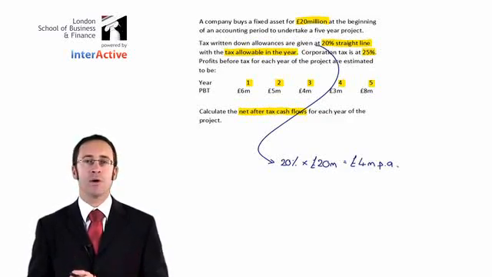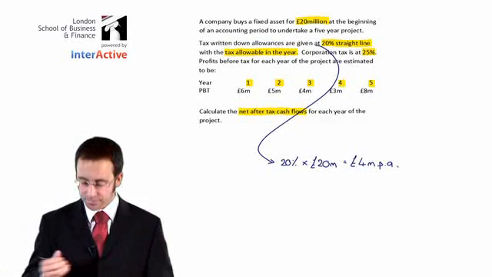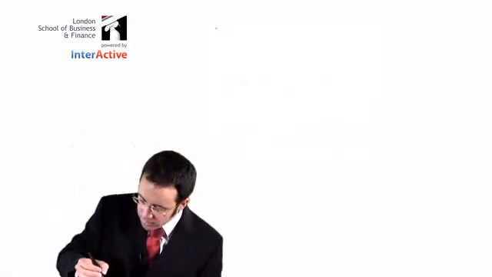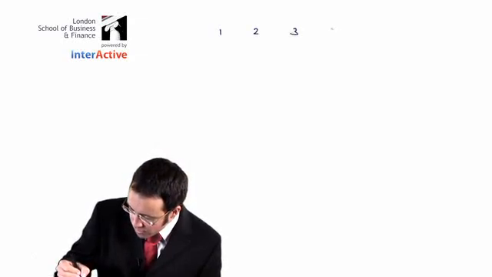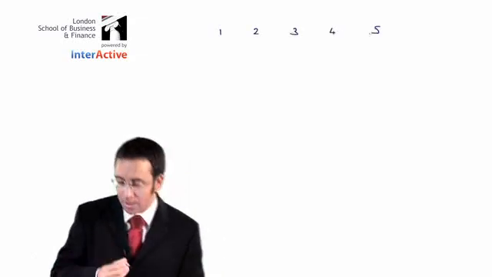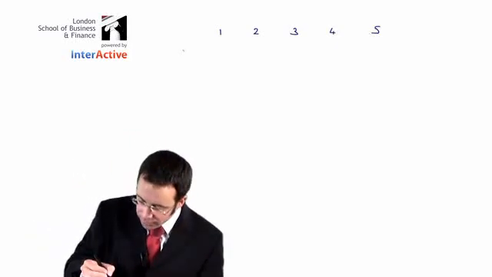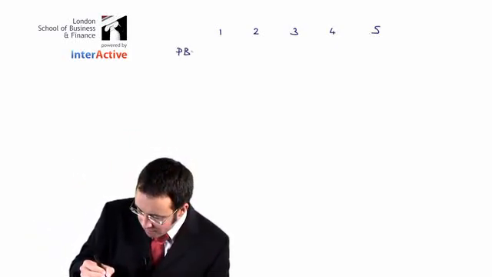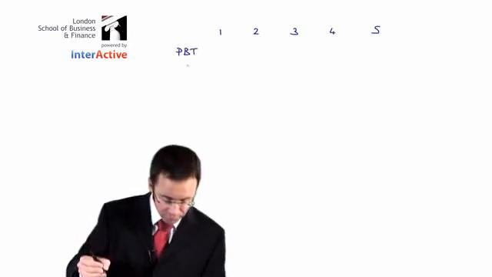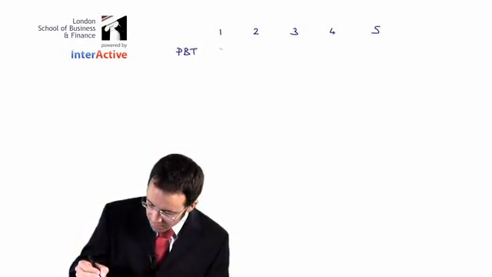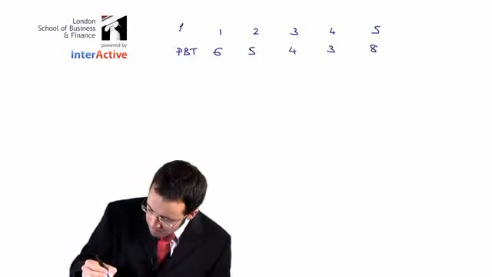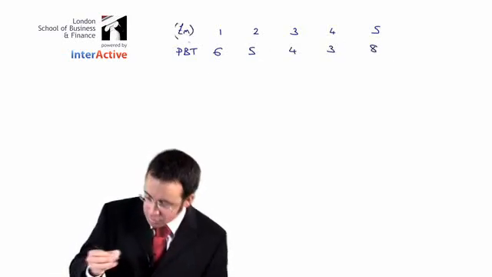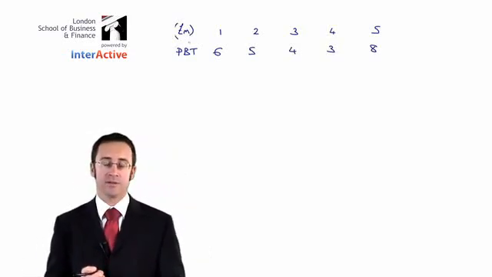So let's have a look and see what we have for each of the individual years. We can look at each of the years 1, 2, 3, 4 and 5. Let's look at the information from the question with respect to profits before tax, because we have 6 million, 5, 4, 3 and 8 million pounds respectively for years 1 through to 5.